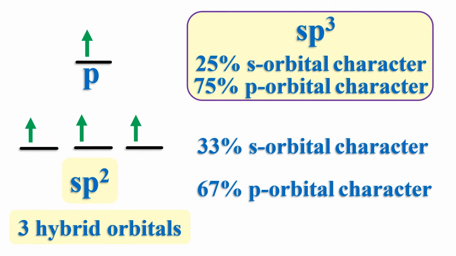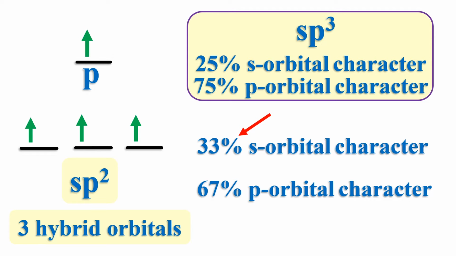We saw for sp3 hybridization, there was a 25% s orbital character and 75% p orbital character. In sp2 orbitals, there is a 1/3 or 33% s orbital character and 2/3 or 67% p orbital character.